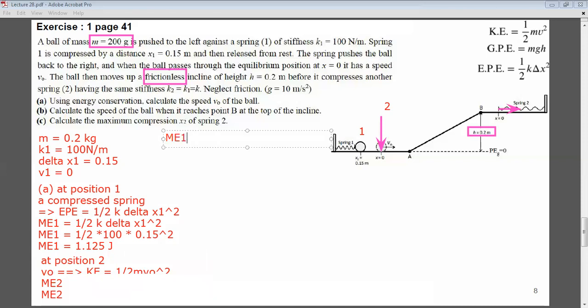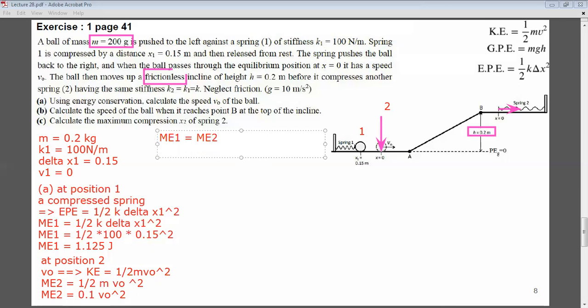Mechanical energy at position 1 equal mechanical energy at position 2.